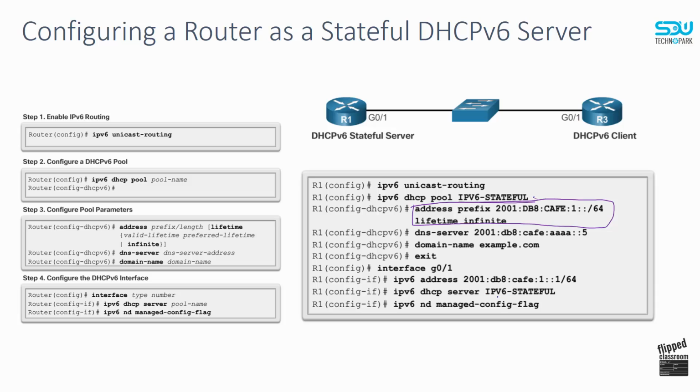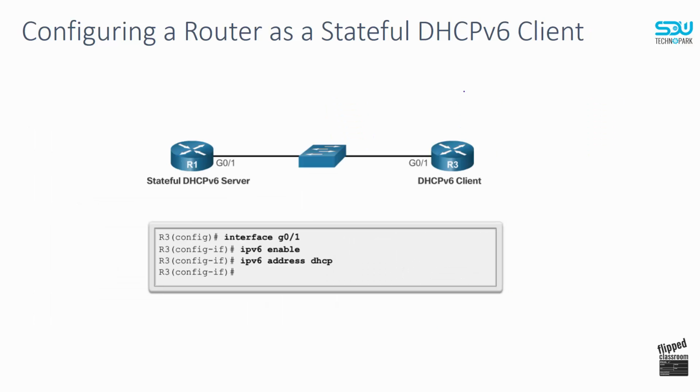Then in our interface we say that IP version 6 stateful pool will be used here, and then IP version 6 nd managed-config-flag, which means that M is equal to 1, so that our client will get full information from the router, including the IP addresses and the additional information like the DNS server and so on.